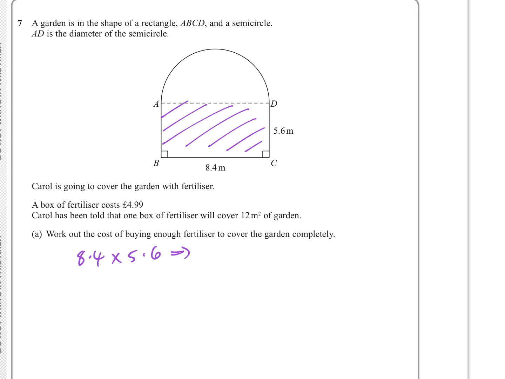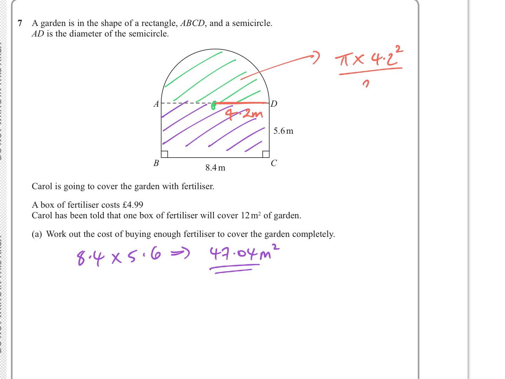And on the calculator, that gives 47.04 meter squares. And then if we work out the semicircle here, well, we know that the radius here is 4.2 meters.